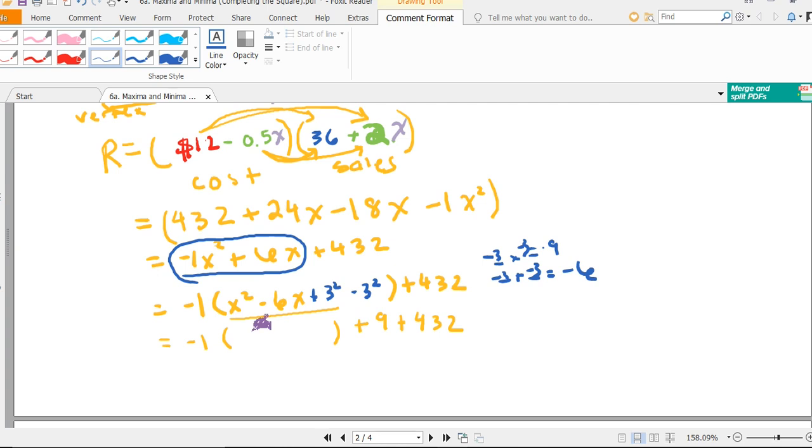Which means, what goes in here? X minus 3 squared. Because this would turn out to be x minus 3 times x minus 3, which is the same thing twice, so x minus 3 squared.